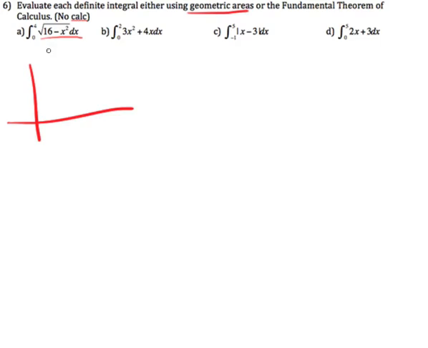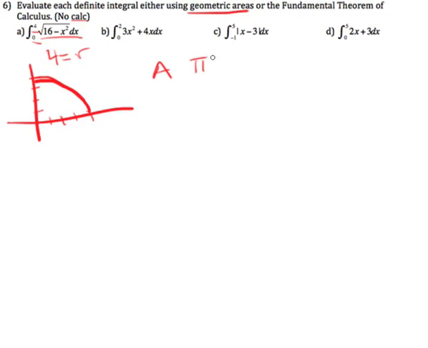So square root of 16 is 4, so that tells you that's your radius. So basically we've got a circle that's up 1, 2, 3, 4, goes like that. It's going to continue over there too, but we're only looking between 0 and 4. So if you integrate that, the area is just going to be the area of a circle, which is pi r squared.